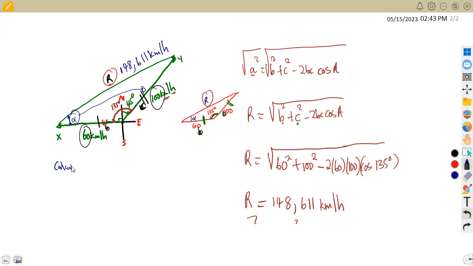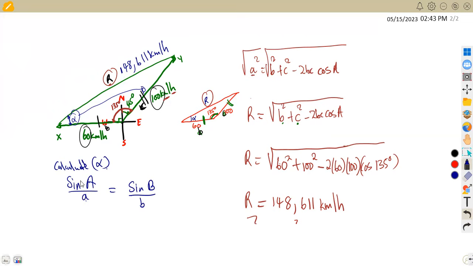So to calculate alpha, which is our angle in this case, we are going to apply the sine rule, knowing that the sine of A over A is equivalent to the sine of B over B. That means the sine of the angle over the corresponding side.